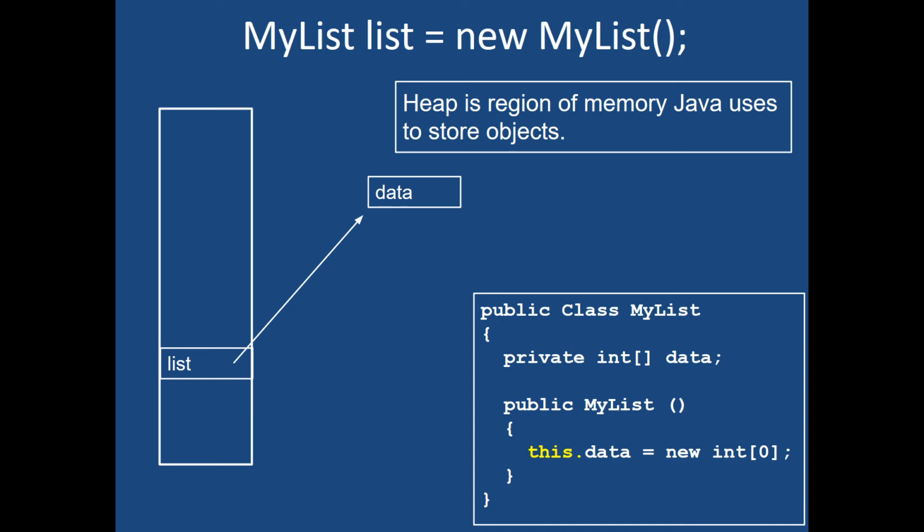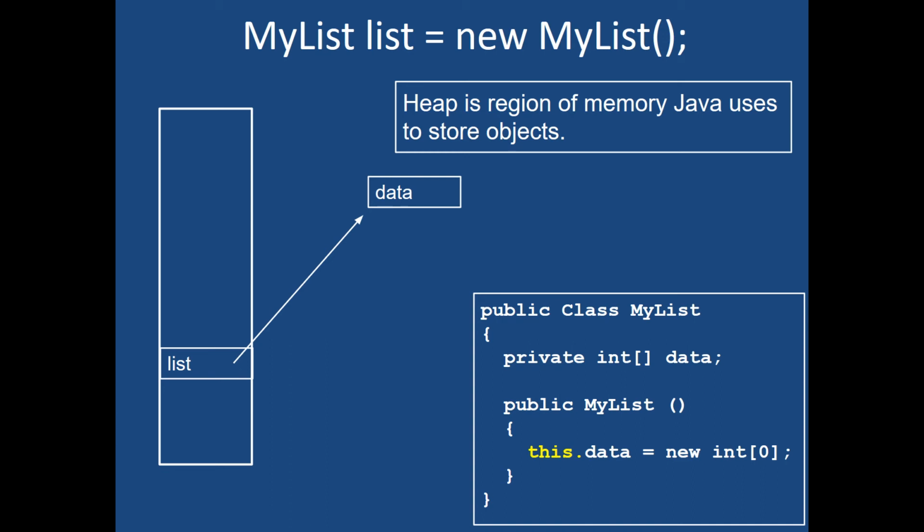Well, there's 0 if you don't count the implicit one. The constructor has an implicit parameter. It's the object being constructed. So we're going to push a stack frame for the MyList constructor. It'll have a variable called this.